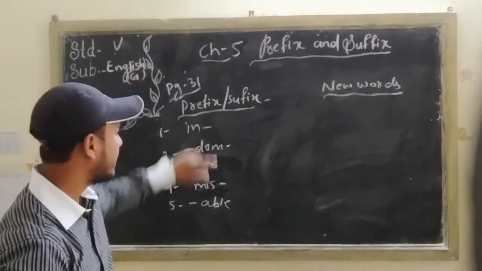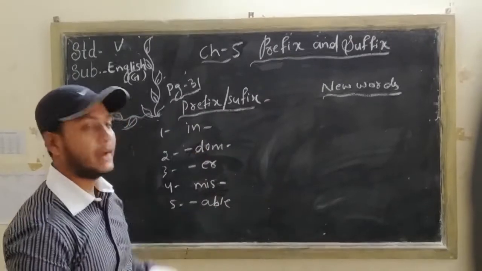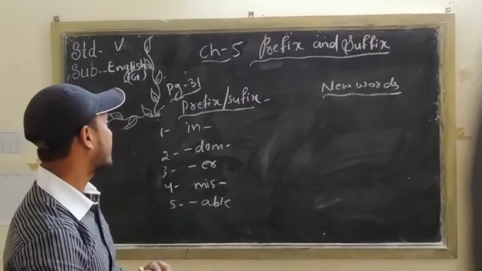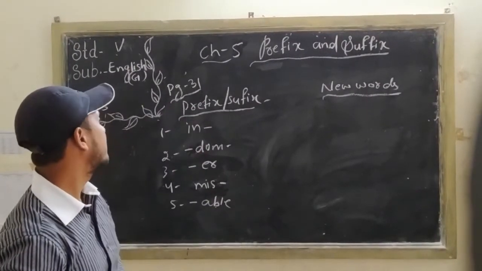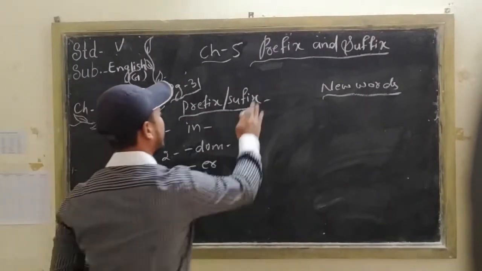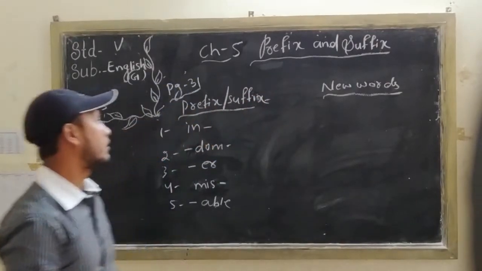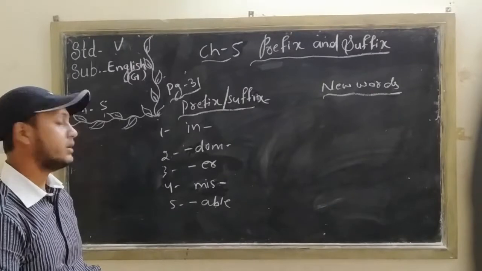So look at the blackboard. Here we will have to make three words by using these prefix and suffix words or letters.